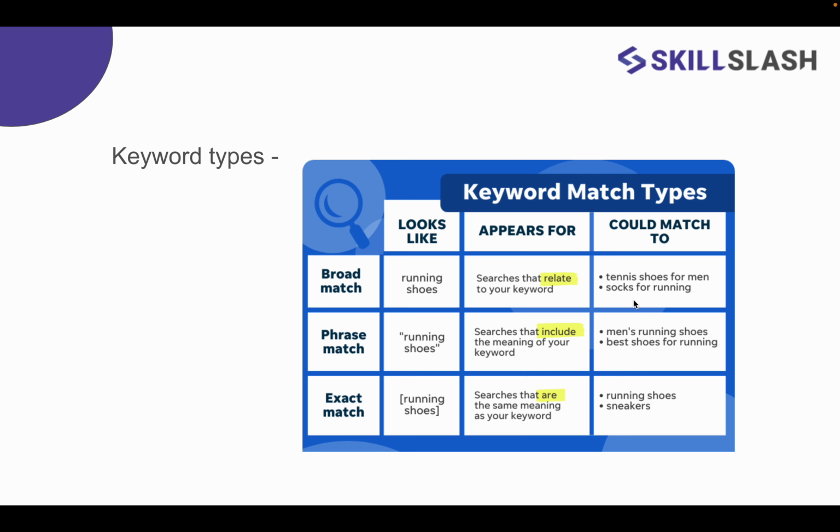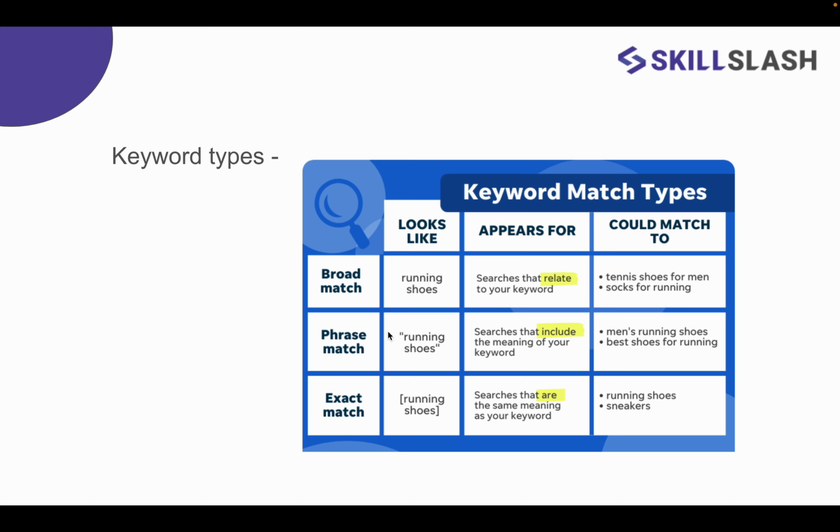If someone is searching for socks for running, this word running is mentioned, so the ad will be triggered. If any one word from your keyword is in the search term, your ad will be triggered. That is known as broad match.